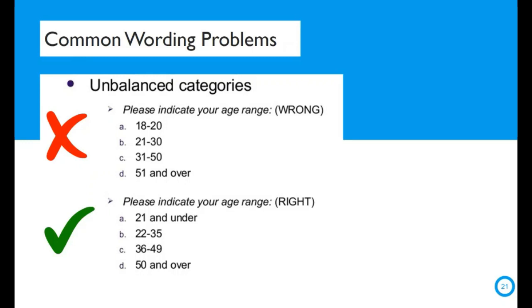Please bear in mind to use simple, familiar words whenever you are developing your questionnaire. Another important thing is that you should not use double negative wording in questions. This will confuse your respondents.